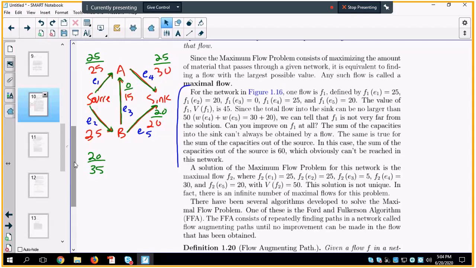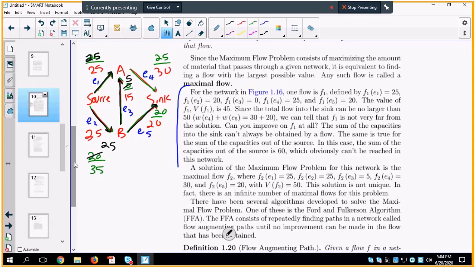And what can we do? Well, we can still make the flow through E1 25. That's no problem. But then we could augment the flow through E2. We can make it 25. Now I can only send 20 down this way, so that means I need to send 5 this way.